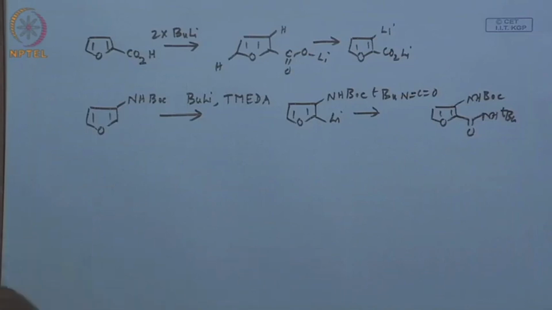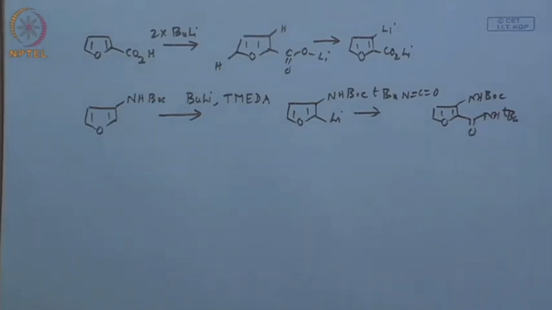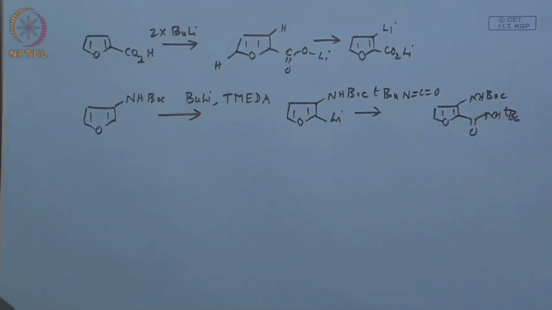Okay. So, what you see here is that in most cases we have been basically functionalizing the furan at the 2 position. If it is in the 2 position, then it is a 3 position next. Now, this is an example where you can do a lithiation at the 3 position.